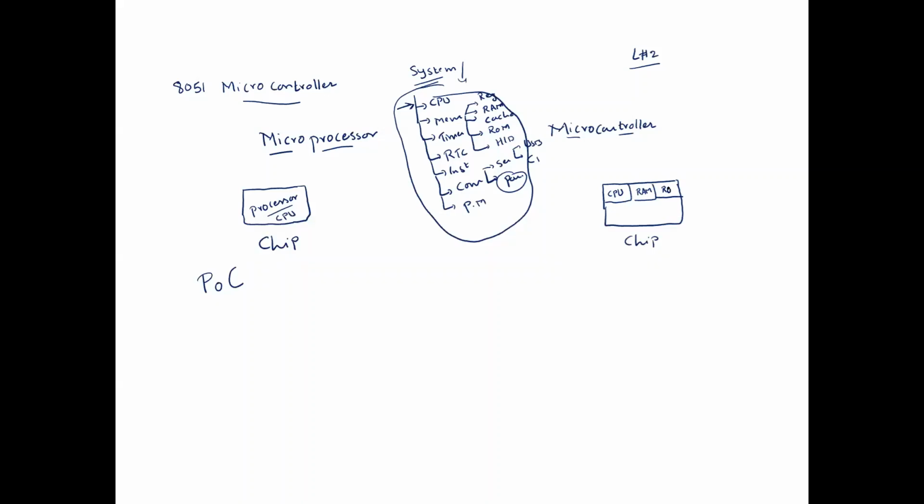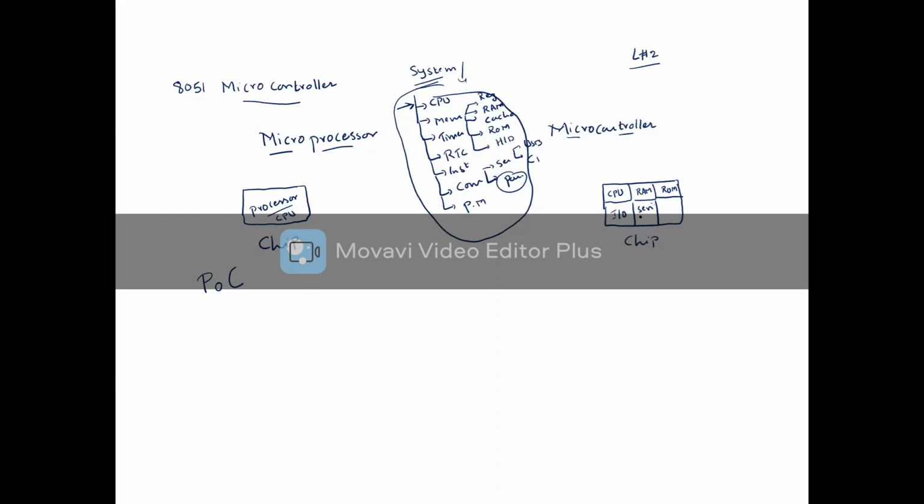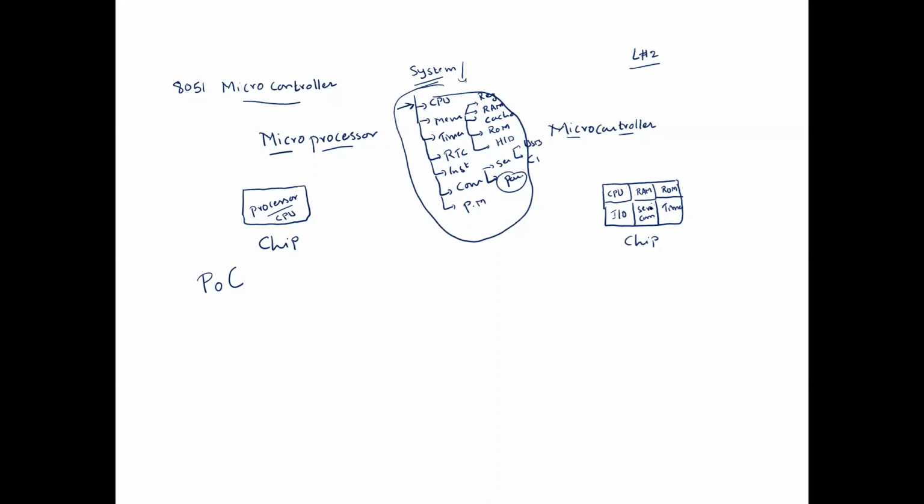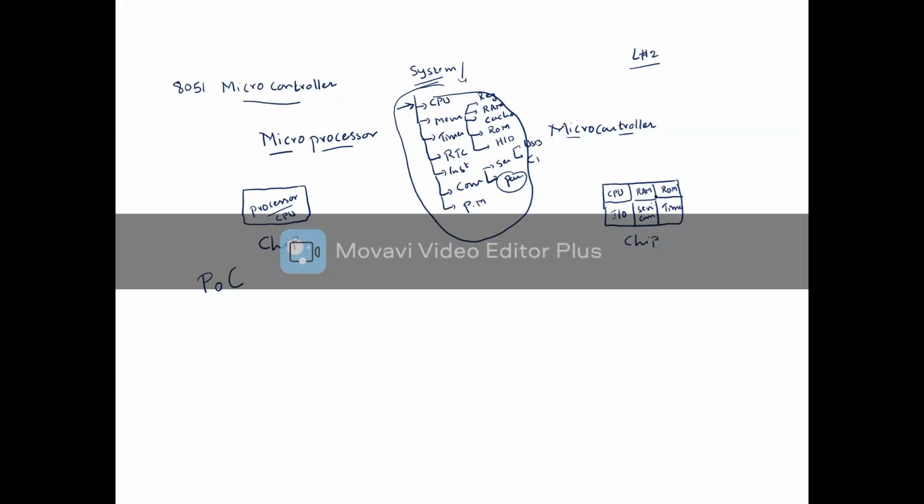And then ROM. For communication, I can include IO ports and serial COM ports, timers, and interrupts. Whichever is required, minimum and limited, I cannot put in a large number. Whatever is possible, those system resources we put inside the chip itself. That is what we call a microcontroller.